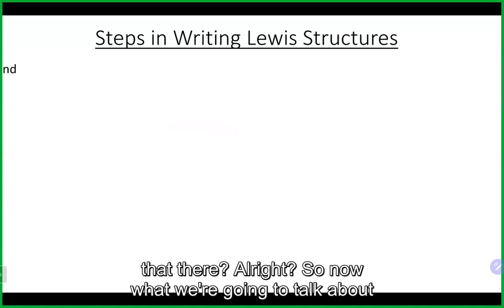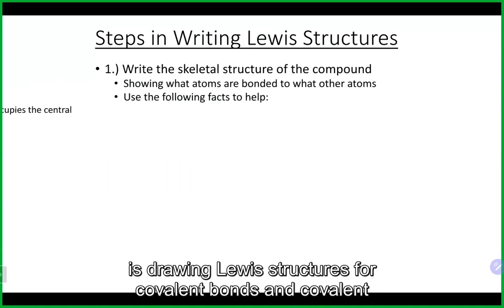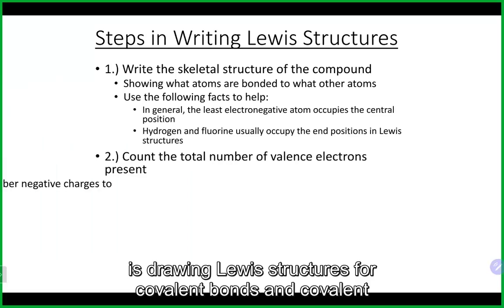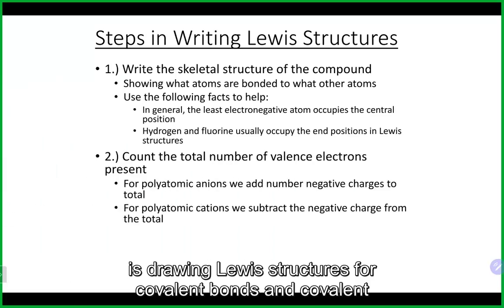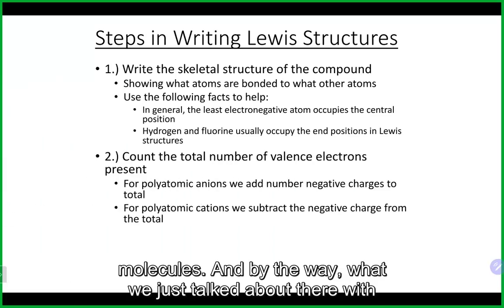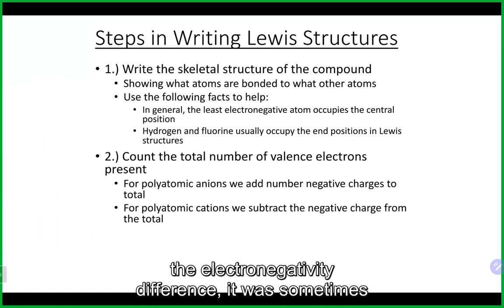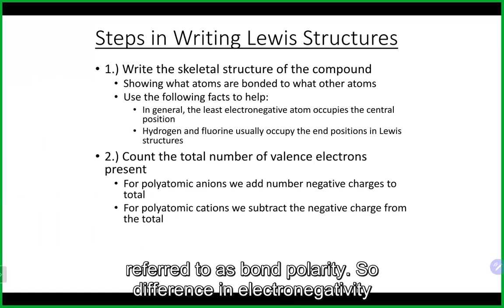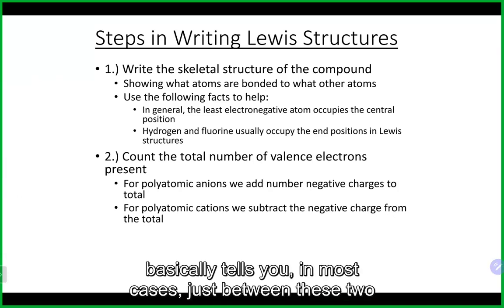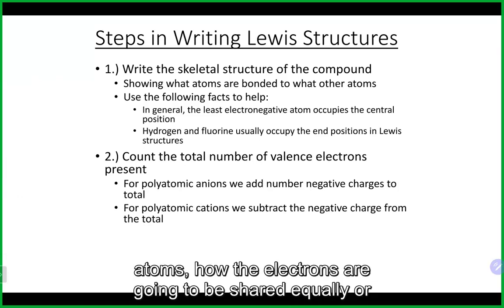All right. So now what we're going to talk about is drawing Lewis structures for covalent bonds and covalent molecules. And by the way, what we just talked about with the electronegativity difference is sometimes referred to as bond polarity. So difference in electronegativity basically tells you, in most cases, just between these two atoms, whether the electrons are going to be shared equally or unequally.